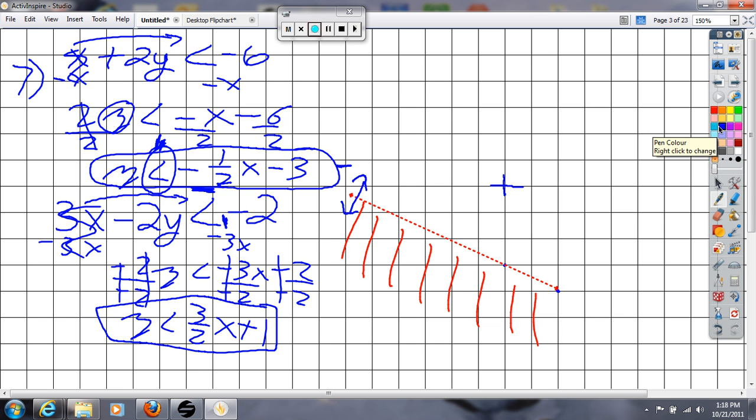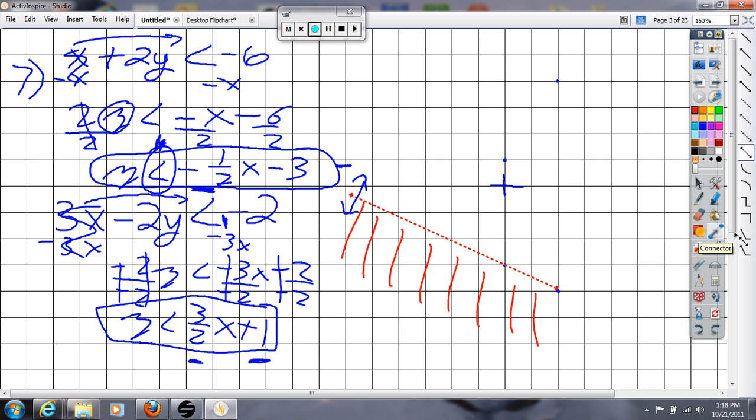This is a +1. So my slope is 3 over 2. So I'm going up 3 and over 2, so I'm here. There is no equal sign, so it's dotted. And I'm running between this point and that point.